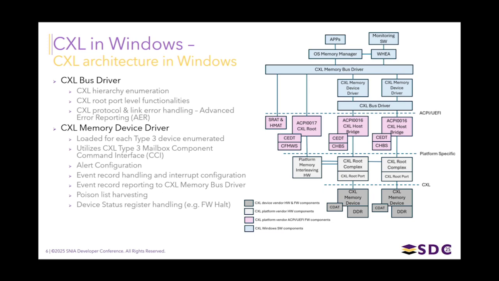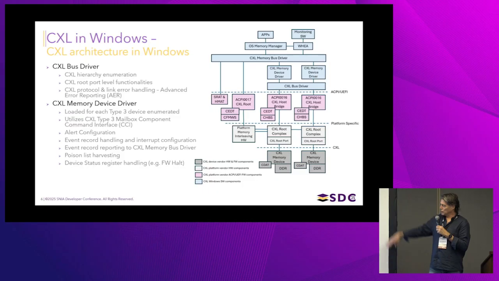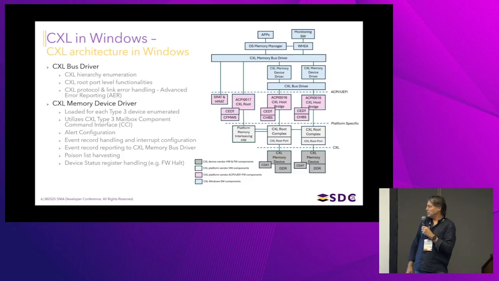I'm showing an architecture stack here with CXL down at the bottom with my CXL memory devices. The platform connects our CXL devices to the root port, which is associated with a root complex, and how that's done is platform-specific implementation. What's surfaced to the OS are a number of ACPI and UEFI tables.